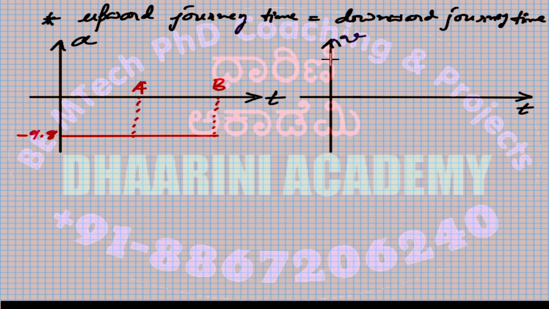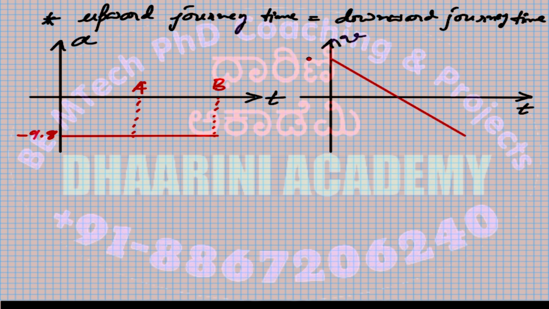So I have to start from a point somewhere here, and it keeps on reducing. So it starts from this point, keeps on reducing at a particular time A, and at time B, it has to reach the opposite side because it's going to be negative.